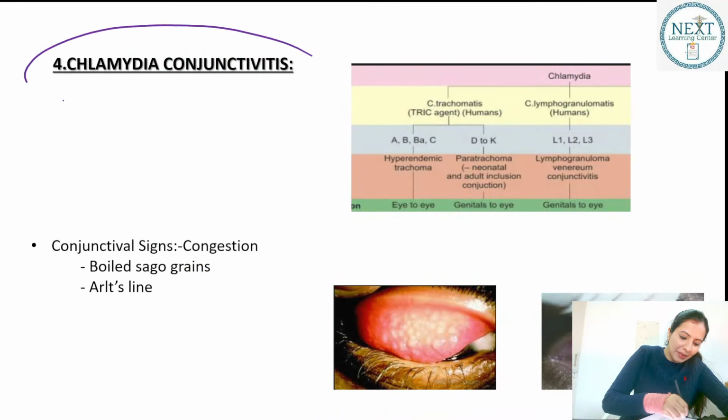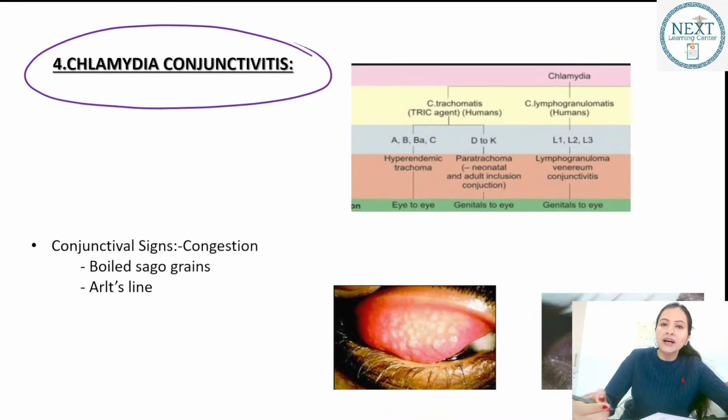Then this is chlamydia conjunctivitis. What are the things that chlamydia can cause?